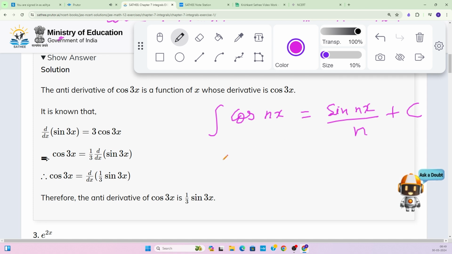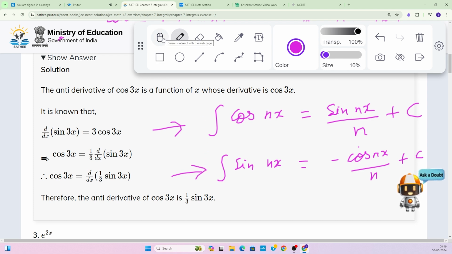So this will be your answer. But if you have the integration of sine nx, then your answer will be minus cos nx by n plus c. Please remember this general form. This will benefit you. I hope that from these two examples you can form this general form.